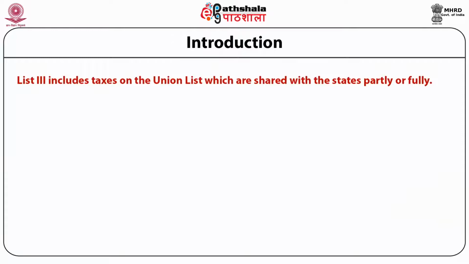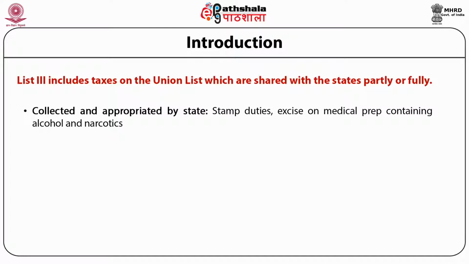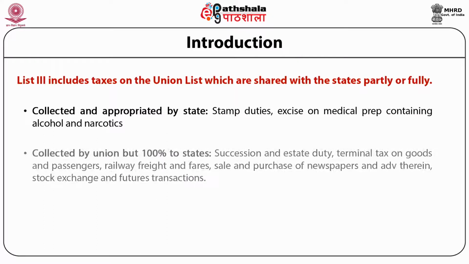List 3 includes taxes on the union list which are shared with the states partly or fully. These include stamp duties and excise on medical preparation containing alcohol and narcotics, collected by union but 100% to states.